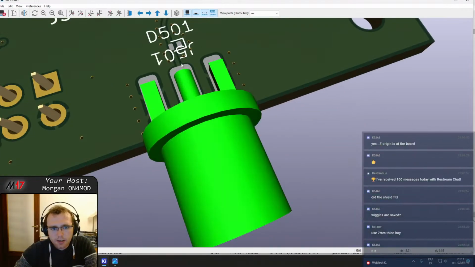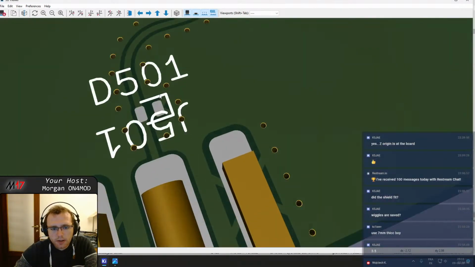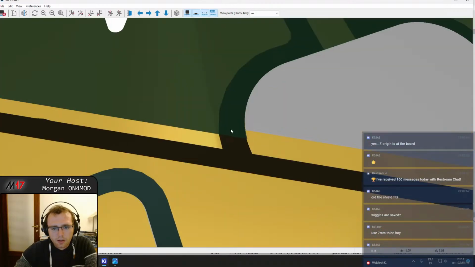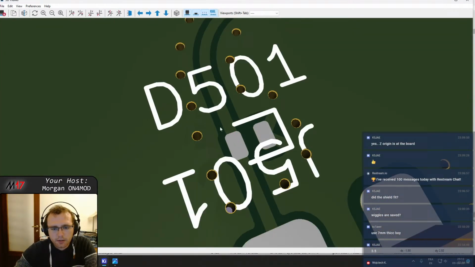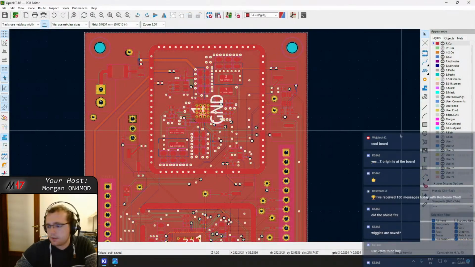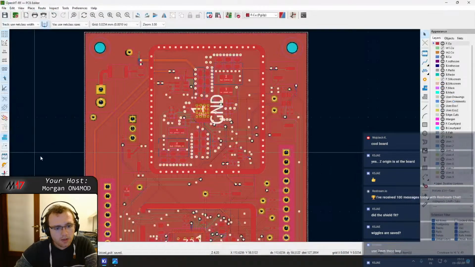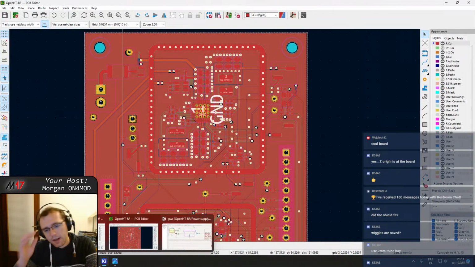Okay, I should also add a key on the silkscreen of the TVS to show which pin is number 1 and which pin is number 2. So let's do that now. You know what? I didn't save the board while I was working on it.